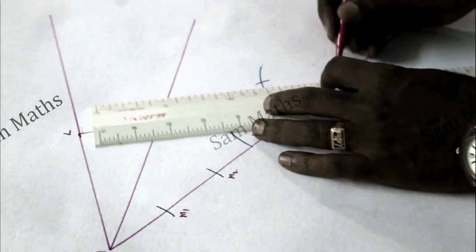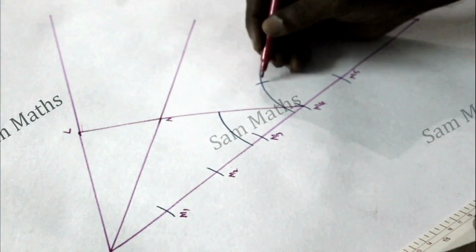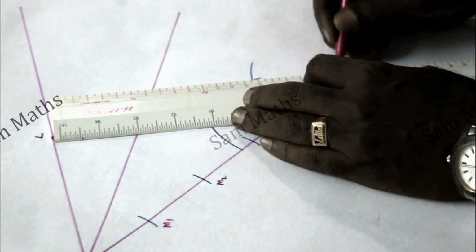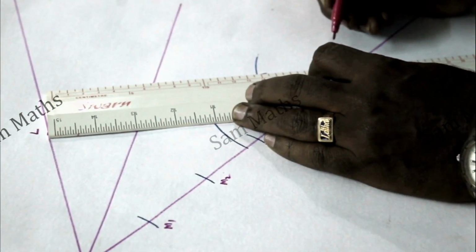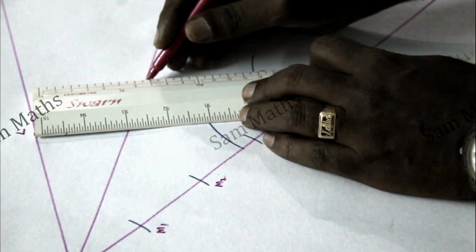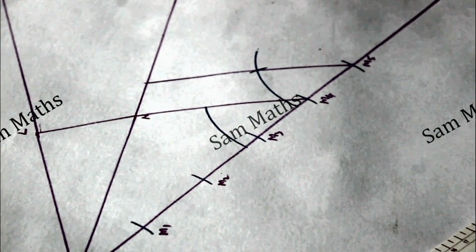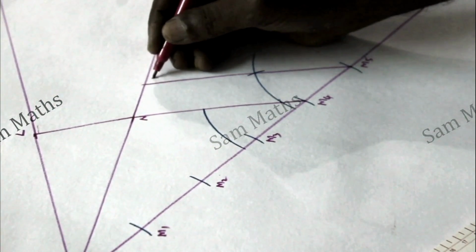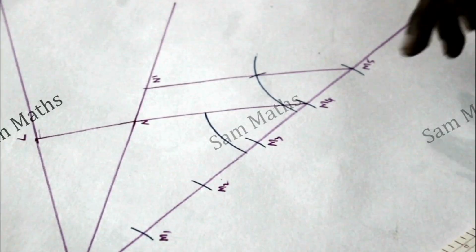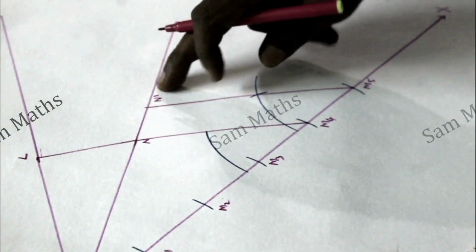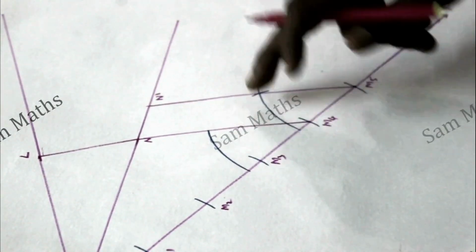Now you can join M5 and this point of intersection. Clear children? This is N dash. Always M4N and M5N dash, these two lines will be parallel to each other.